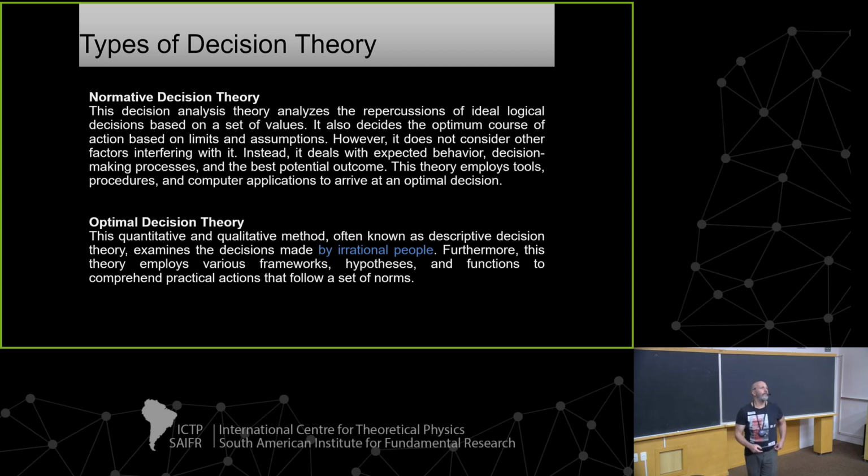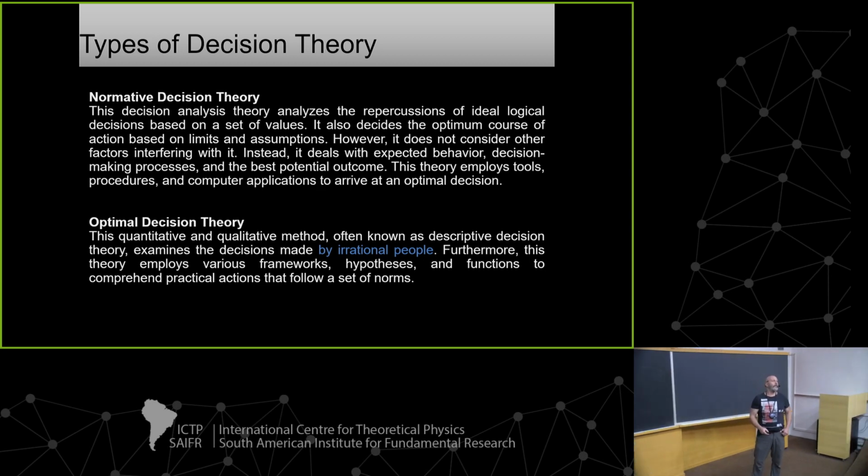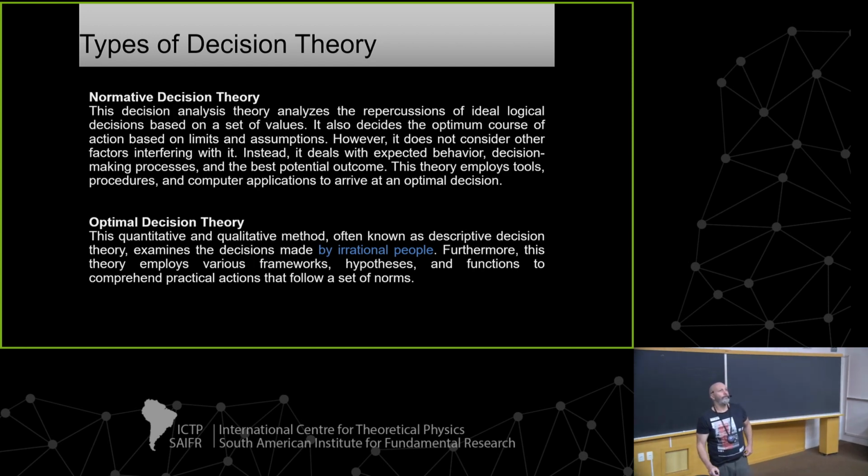Is it irrational because it is not homo economicus? Yes. You are talking about values that have some payoff for people. Yes, for example, and that's what I want to know, if irrational is just because they don't want the most economic profit. Yes.